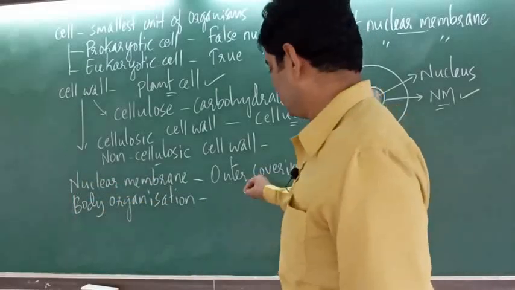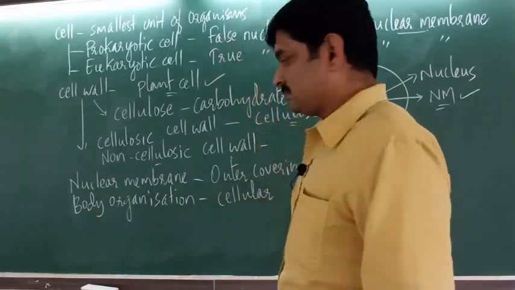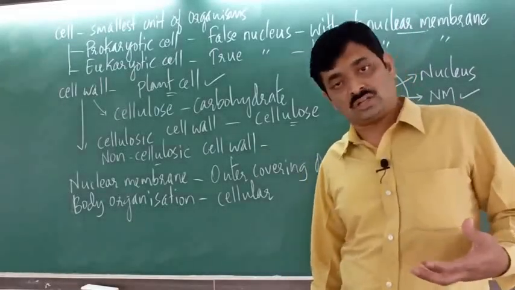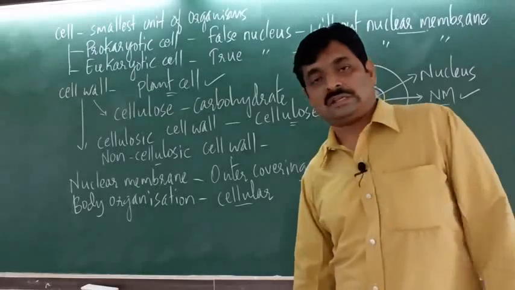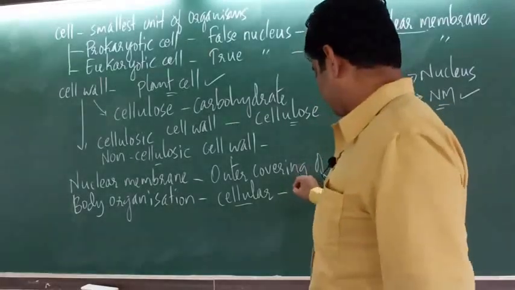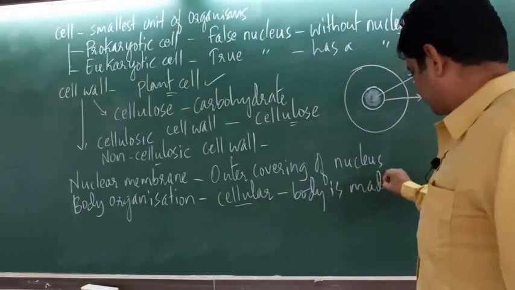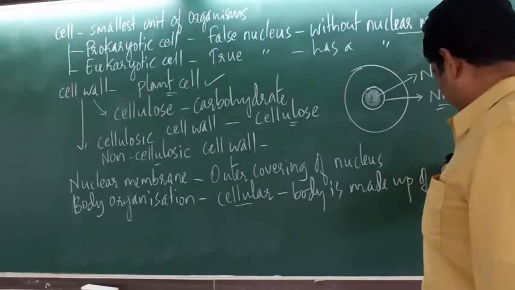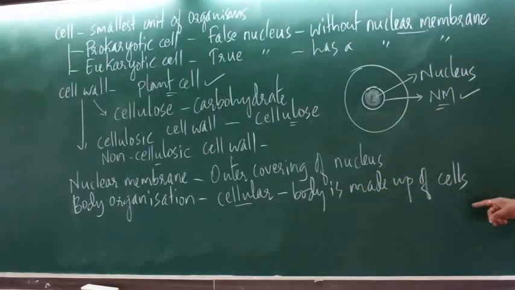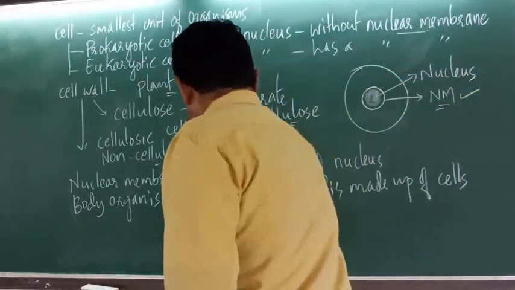Body organization may be classified as cellular body organization. The meaning of cellular body organization is that the body is made up of cells. When body is made up of cells, it is called cellular body organization, right?